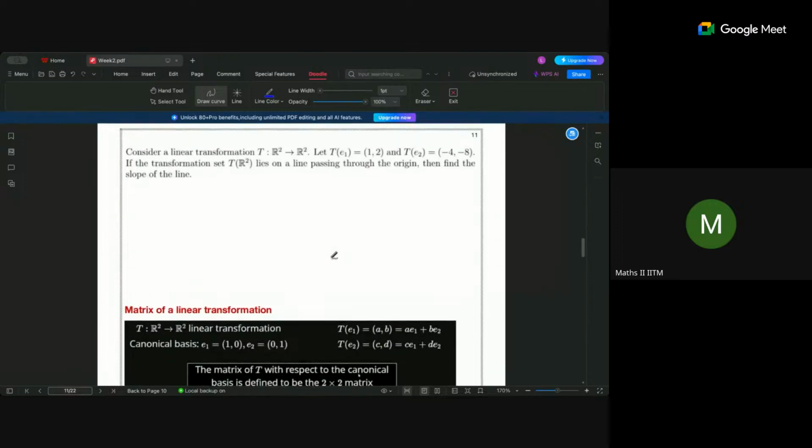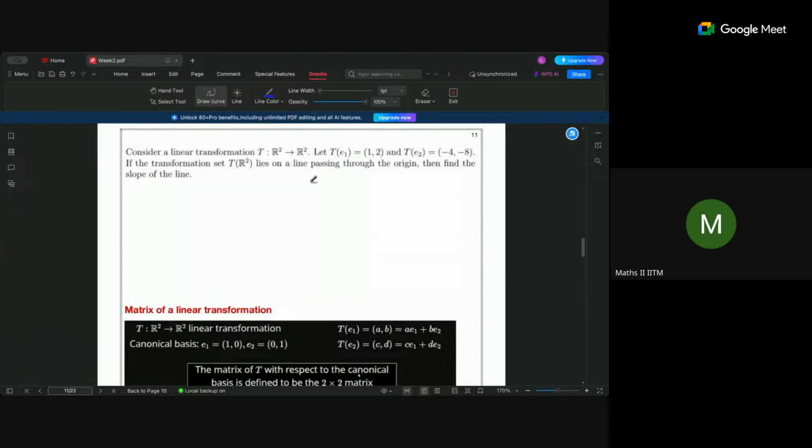Okay. Now consider a linear transformation T from R2 to R2. T of E1 is 1 comma 2, T of E2 is minus 4 comma minus 8. So if the transformation set T of R2 lies on a line passing through the origin, then find the slope of the line. So what is the slope of the line they are asking.